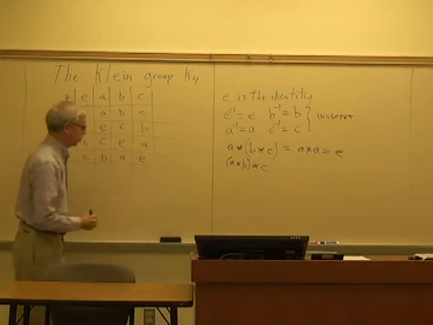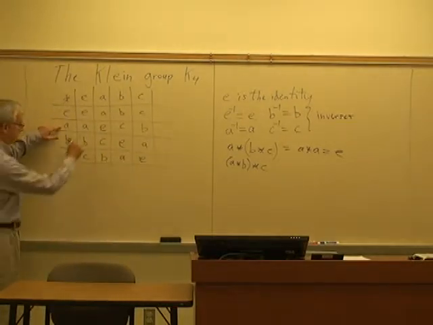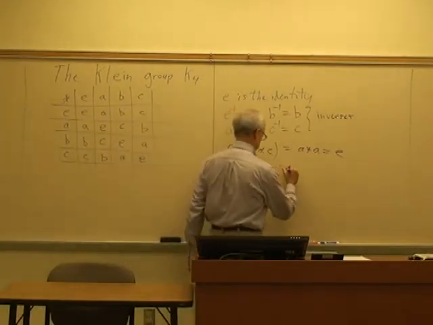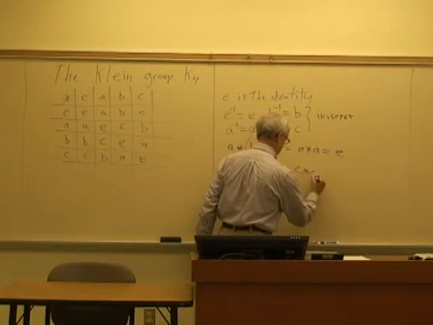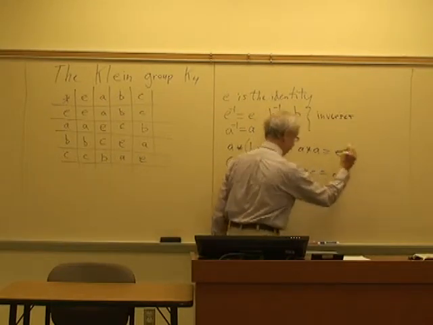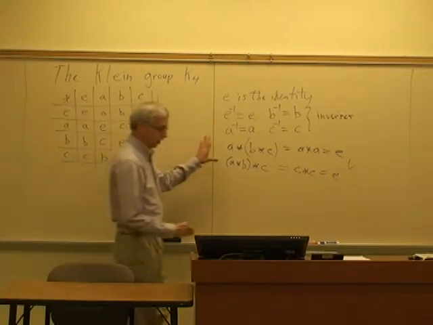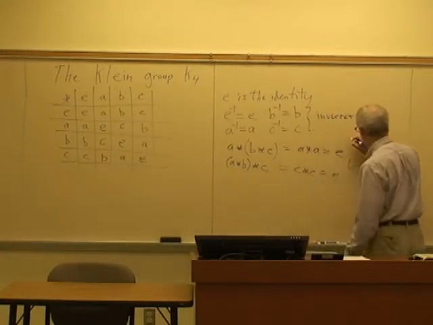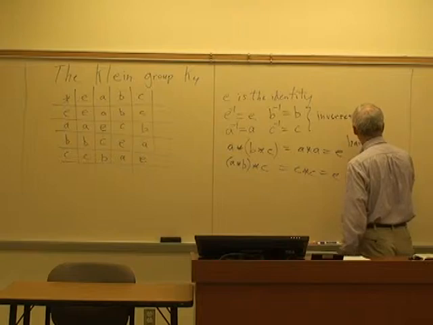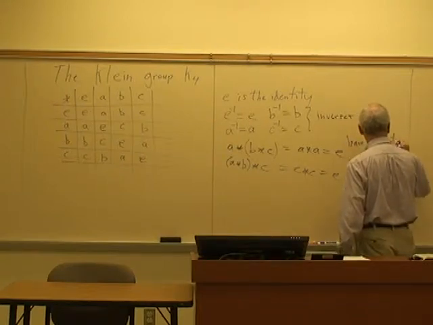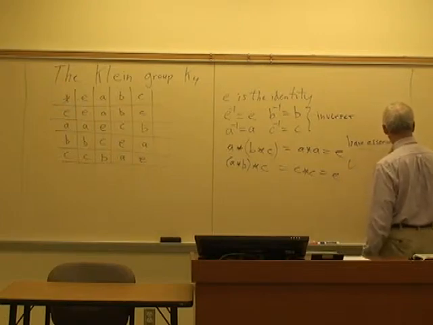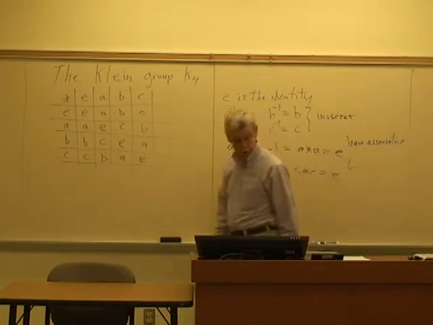Well, what is A star B? A, B is C. And that's the identity. So it works in that case, and you can work out the other cases. This is just one case, doesn't prove associativity, but we do have associativity. We have that this operator is associative.